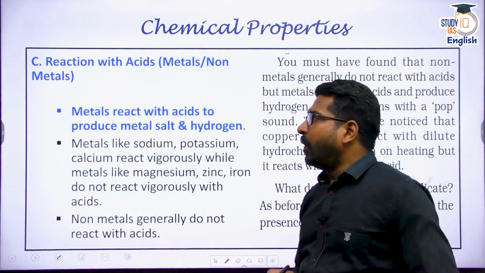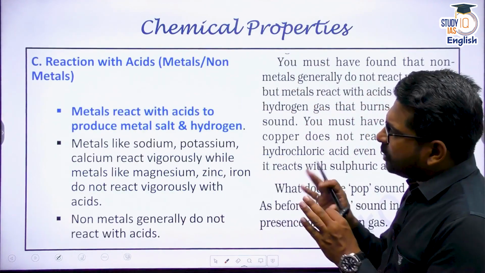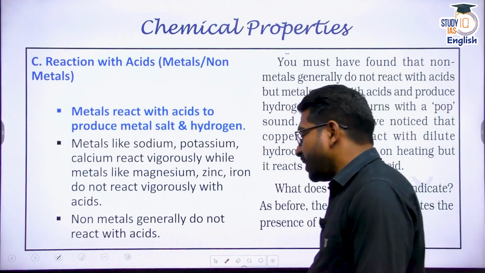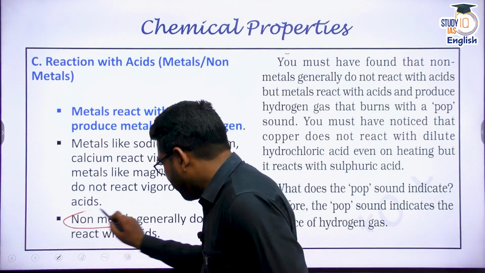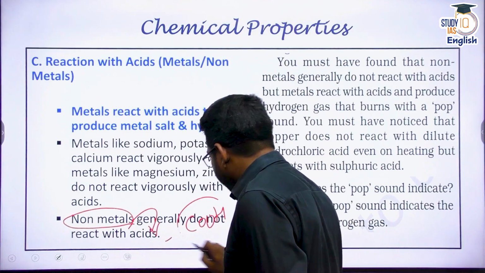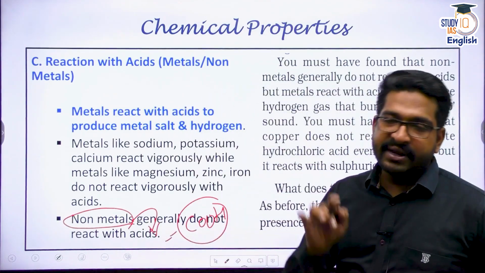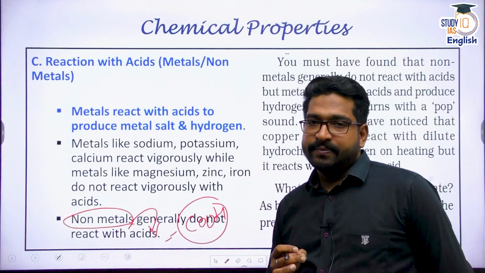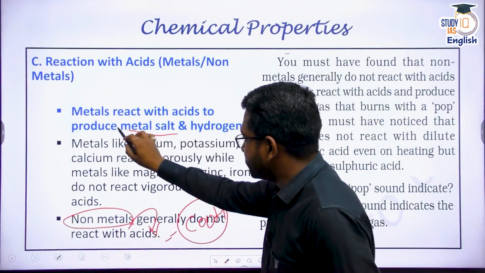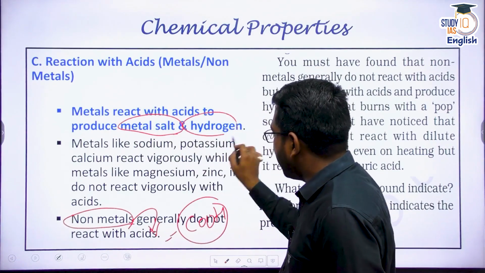Next, how do these metals and non-metals react with acids? Now, first thing is you need to remember, non-metals do not react with acids. They do not react with acid group. Non-metals do not react, but metals do react. Metals react with acids to form a salt, the metal salt, and release of hydrogen.